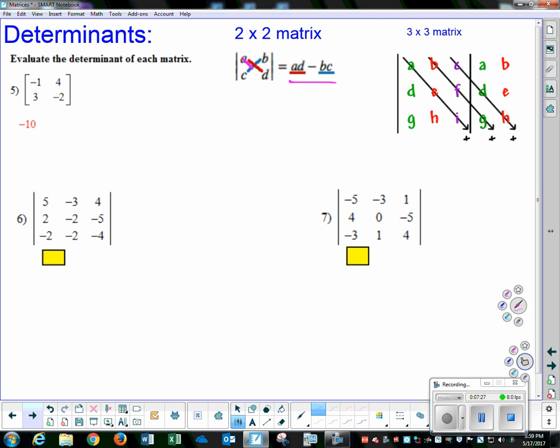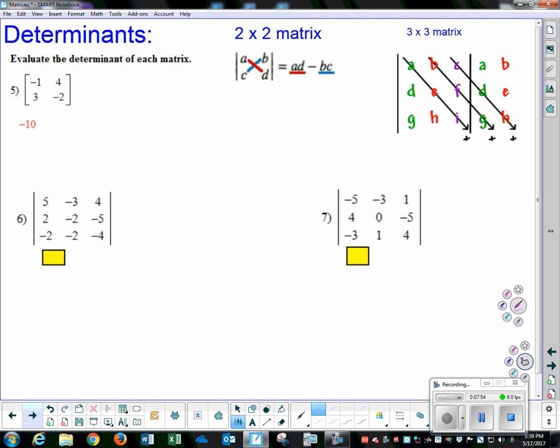I take A times D minus C times B. So start in the upper left-hand corner, that's your first diagonal, and that will be your first product that you write down. And then you minus the other diagonal. So I kind of think of it as this, and then come back across, but you can do it however you want. We should get an answer of -10, it appears, huh?